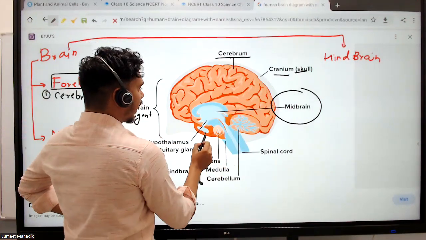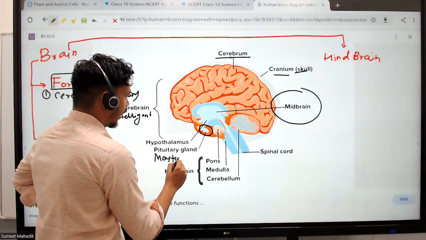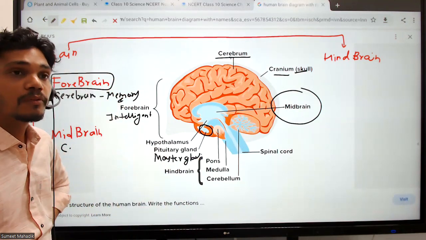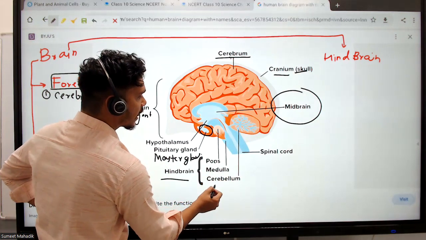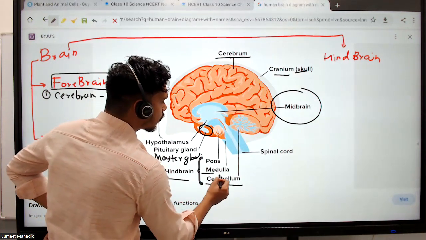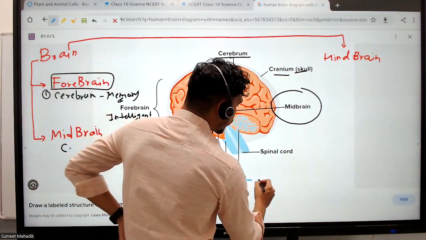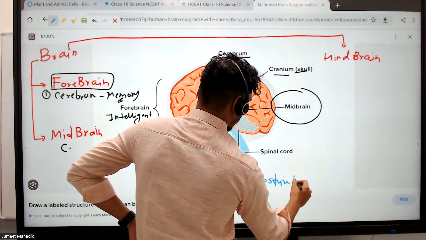Now the pituitary gland is situated here. Pituitary gland is also called the master gland. Why? Because it is responsible for most of the. Now the hindbrain is going to have the pons, medulla, and cerebellum. What is the function of cerebellum? Tell me. Cerebellum is posture and balance, right? Posture and balance. Very good.